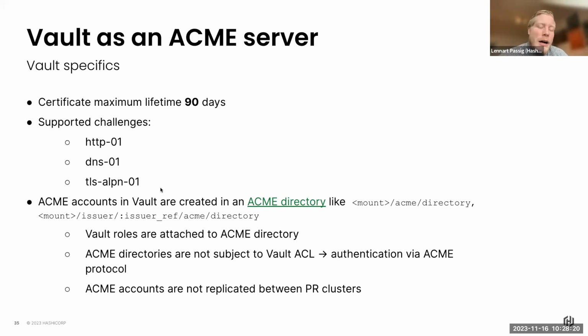The Vault accounts themselves, as I mentioned in the sequence diagram, as you can see, are created in the ACME directory, which is under the mount ACME directory. And there we see it. And then we have Vault roles that are working within those directories.